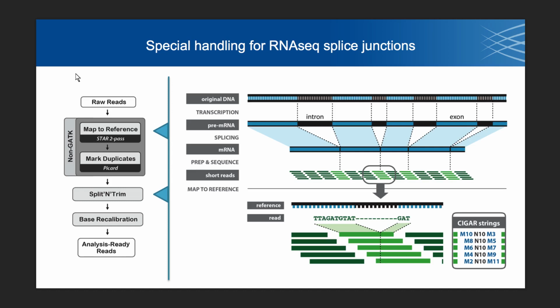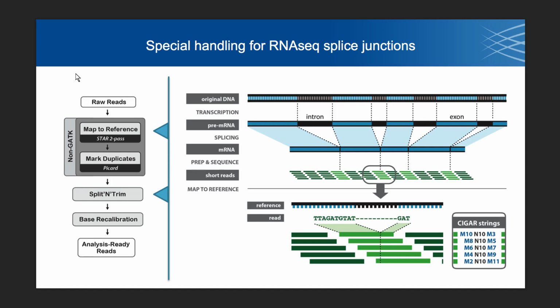These N bases basically say, even though the read continued from here to here, there's a junction, something was spliced out, and so it puts back an N operator that says, just so that you know, these two bases were actually separated by, say, 1,000 bases of splice in an intron, and we spliced that out.